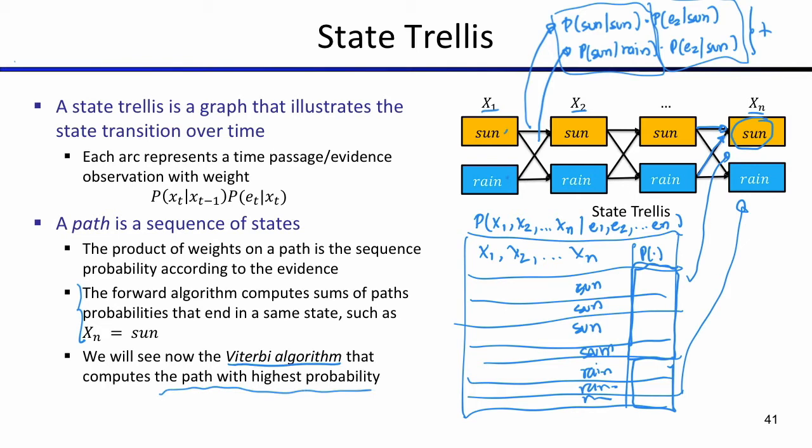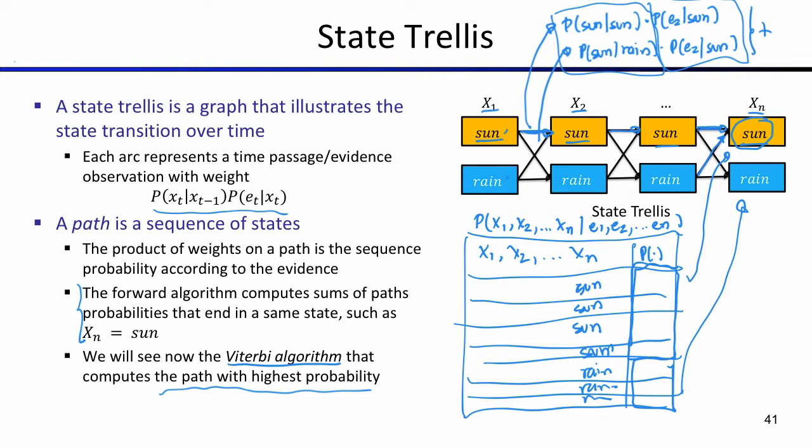So we can think that now we have all those weights equal to this expression here in the arcs, and I have all possible combinations of values, sun and rain, for all possible variables. So I'm going to think that we have sun for all possible variables, and I'm going to do the addition between all these arcs here for this path.